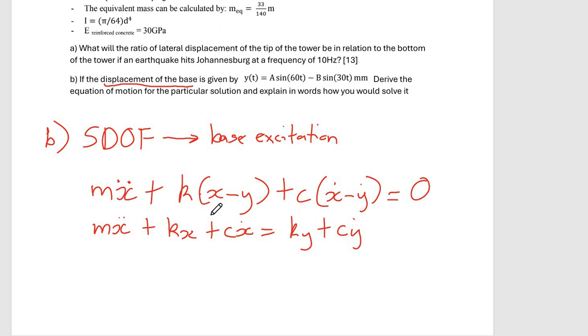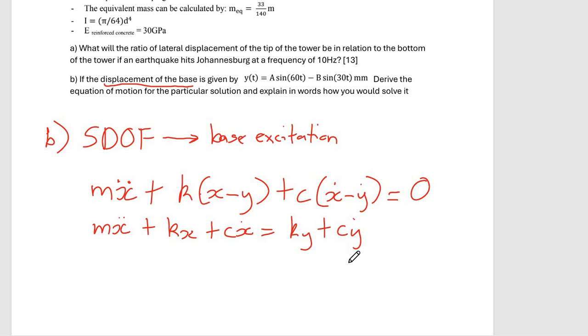Now, what we normally do with these differential equations is we assume a solution. There is an assumed solution available for the different cases, just like what we did for harmonic excitations, where we had an assumed solution to solve that differential equation. The same for free vibration, where we had assumed solutions for free damped and free undamped.